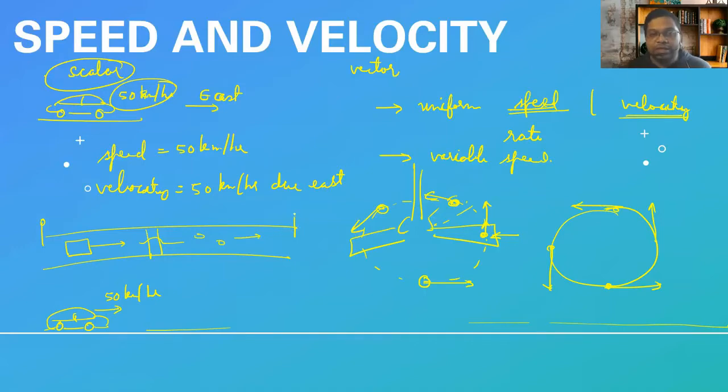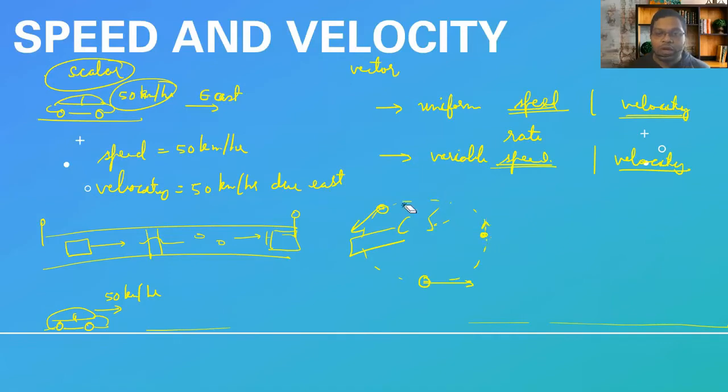Then there is a red signal, and again the car has slowed down. So the car hasn't changed direction, but it has continuously changed the speed. That is an example of variable speed, and also of variable velocity. Do you follow this?